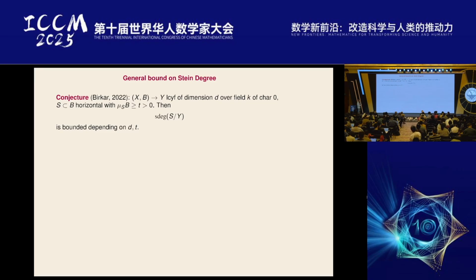So this is harder than in the case of coefficient 1. In the case of coefficient 1, it is a bit easier to do by induction using adjunction and so on. But when the coefficient is not 1, then this becomes much more complicated. But still, it turns out that this Stein degree is universally bounded, depending only on the dimension D and on T. In fact, I will tell you in a bit that this D, you can take just to be the dimension of the fibers. So it only depends on the relative dimension and this coefficient T here.